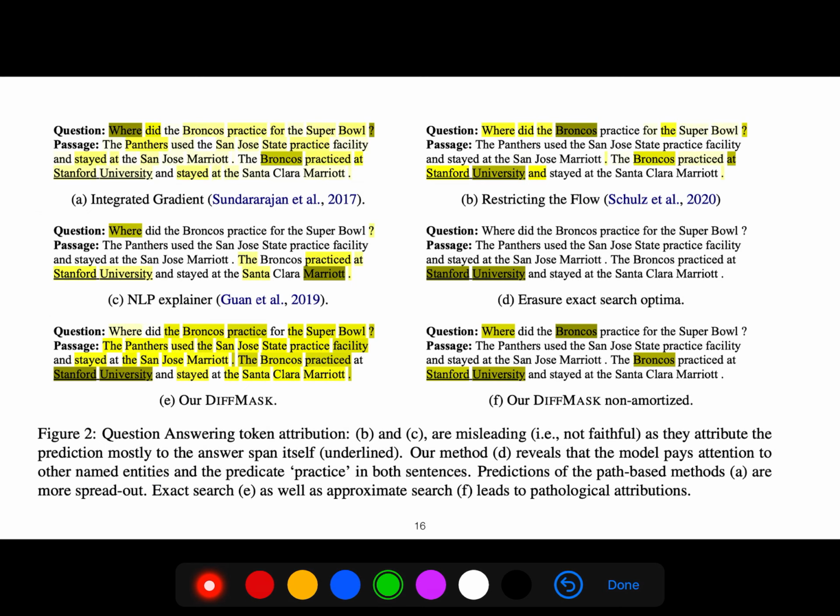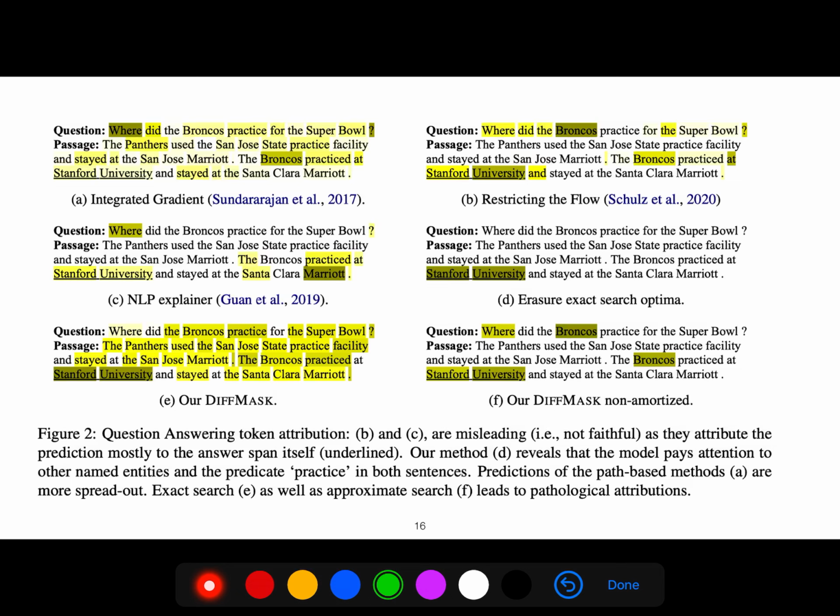For example, in practice, you see in this question answering token attribution that B and C are misleading, not faithful, as they attribute the prediction mostly to the answer span itself.